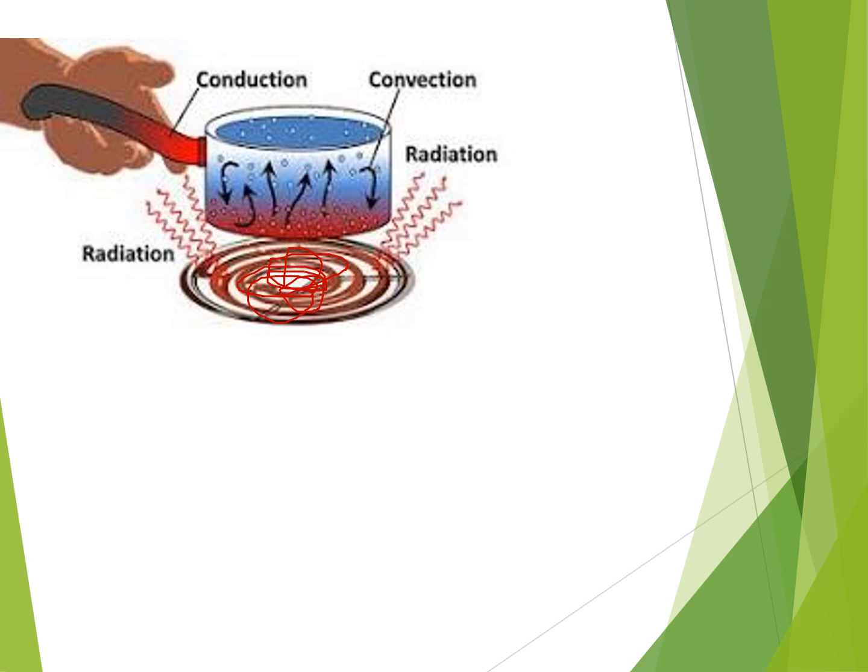When it reaches the bottom of the pan, from the bottom of the pan to the other side of the pan where water is there, the heat reaches through the mode of conduction, and also to this metallic handle the heat is being transferred through conduction, and then from the surface of the pan to the water molecules it is reaching by convection, that is the movement of molecules. So this is an overall application of the three modes of heat transfer.